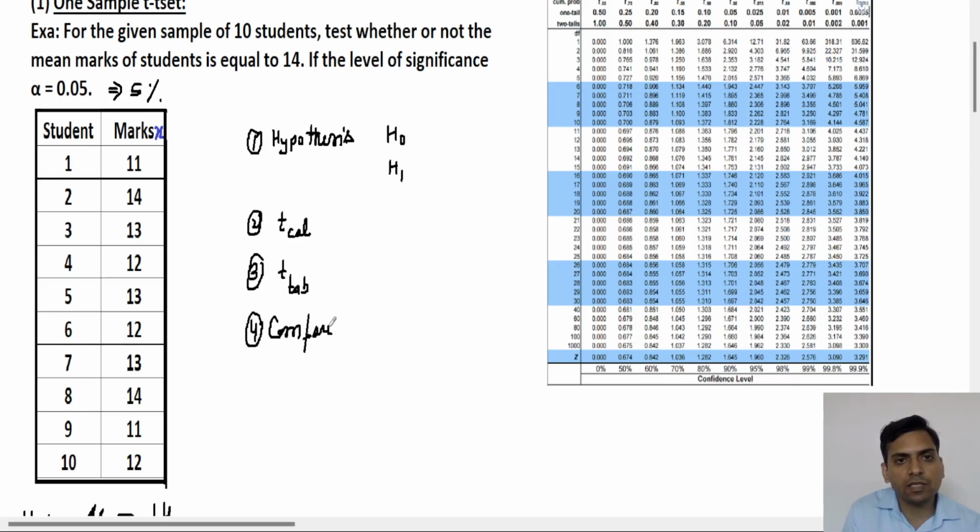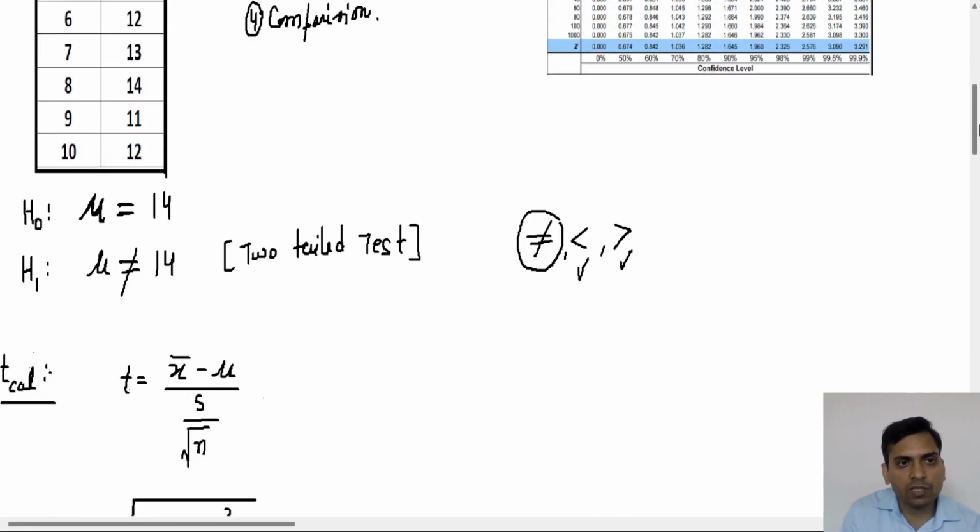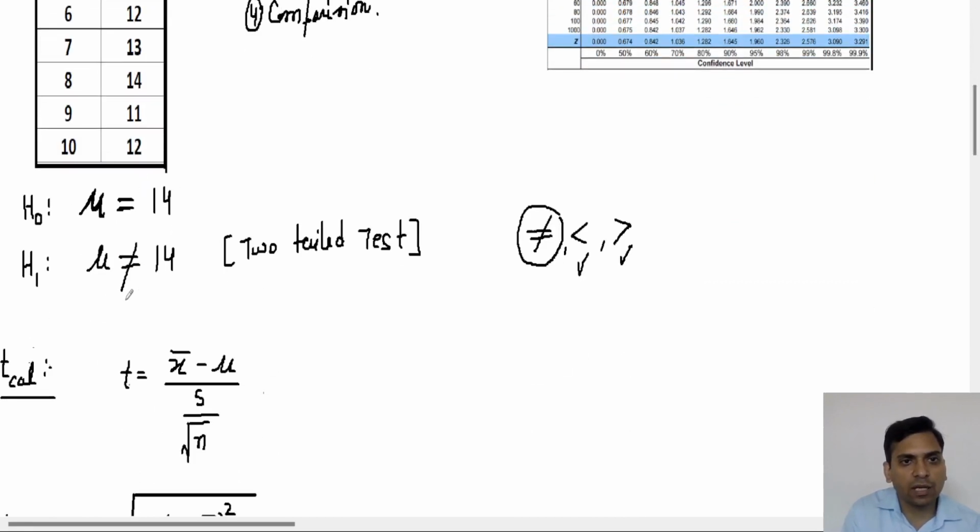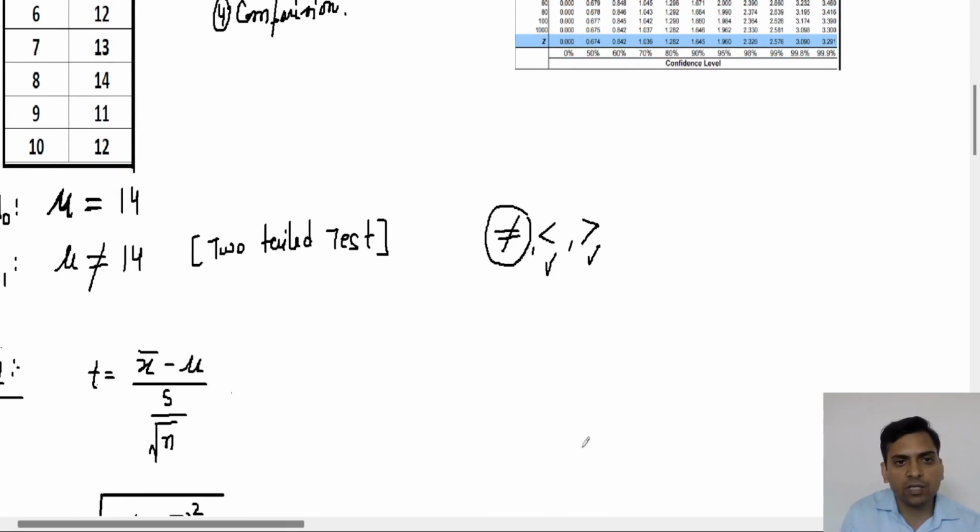We will see this structure to test this data. So first, the hypothesis: null hypothesis, alternative hypothesis, and this is a two-tail test. Why are we saying this is a two-tail test?